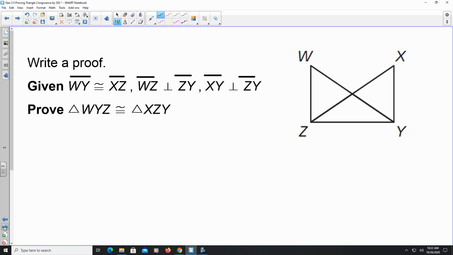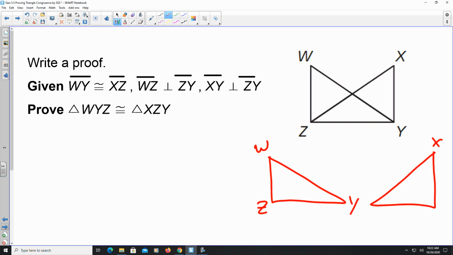So let's see here. What I'm going to do is rewrite this as two separate triangles. So I've got W, Y, and then Z, and then this one here is X, Y, and then Z.